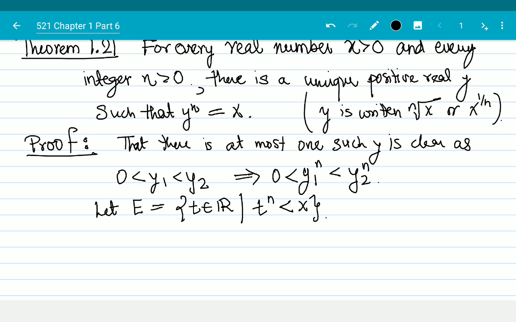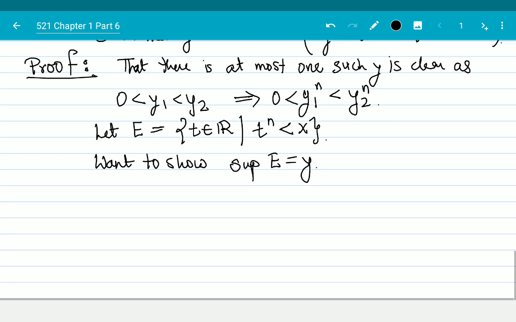What we want to show eventually is that the supremum of E is equal to y. So what do we need to show for that? We need to show that it is non-empty and bounded, right?